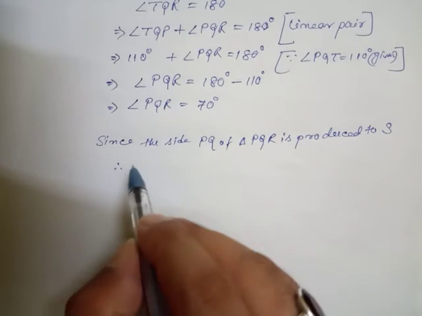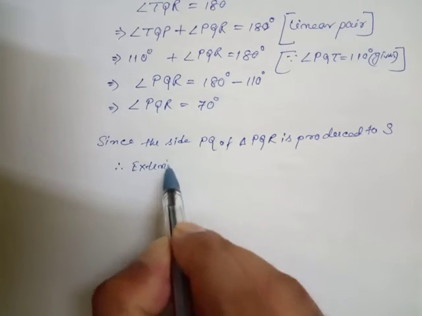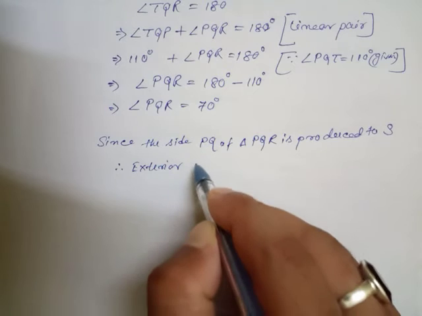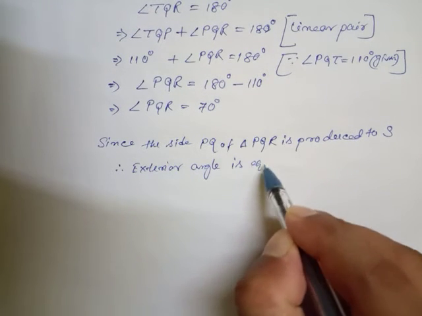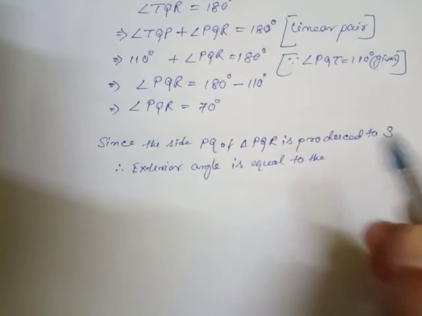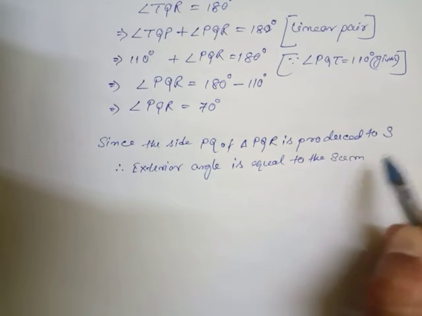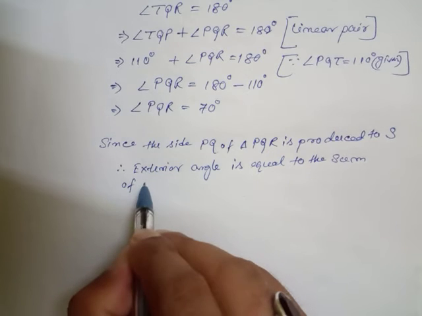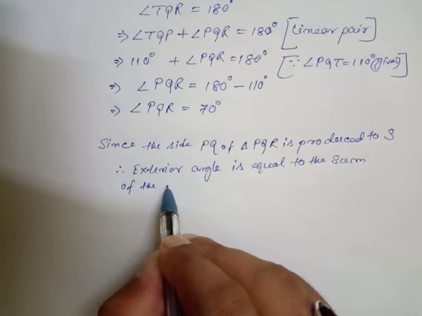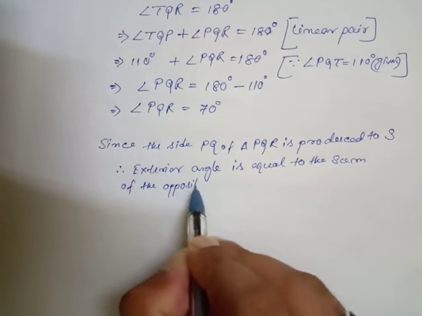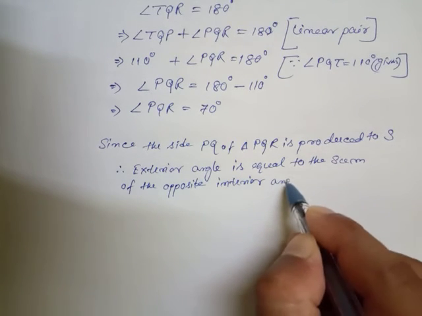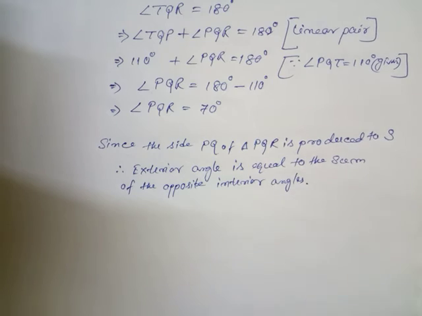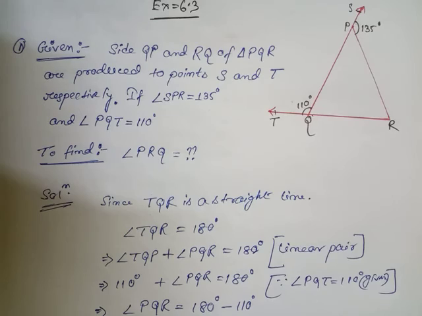This is theorem 6.8. We'll write down here: the exterior angle is equal to the sum of the opposite interior angles.